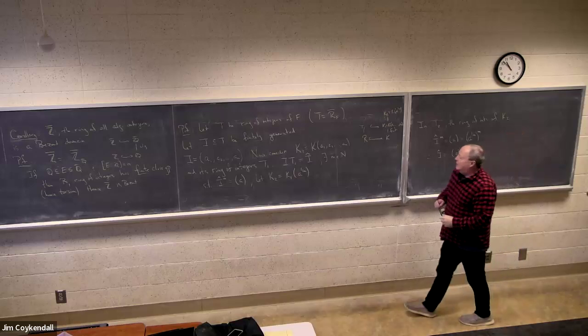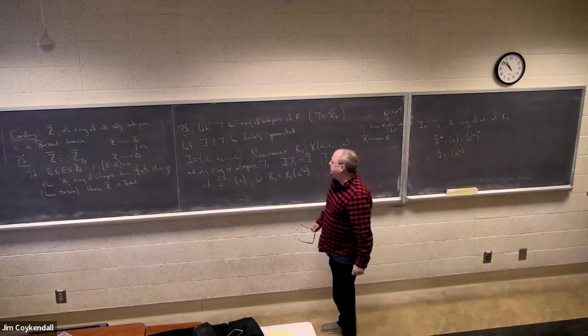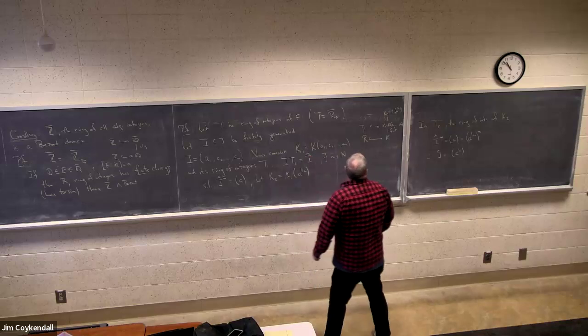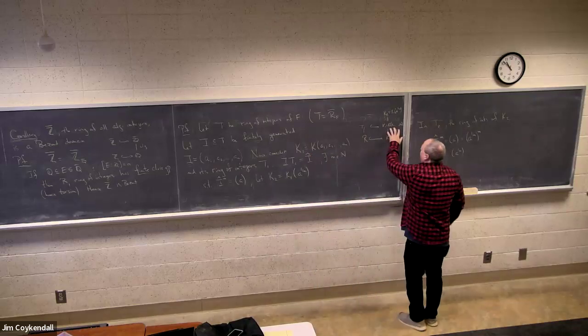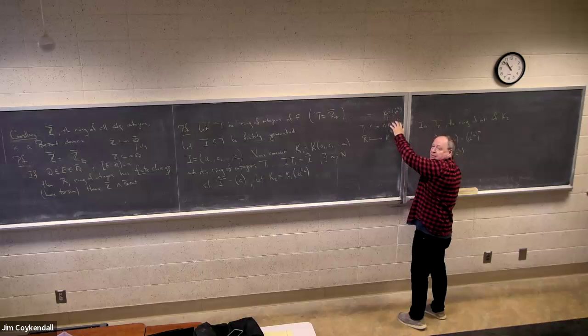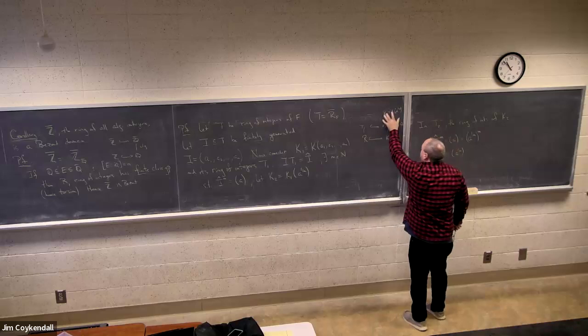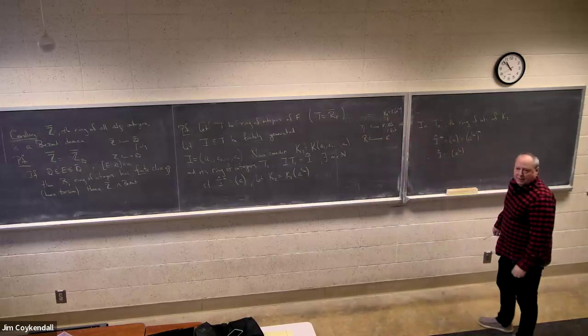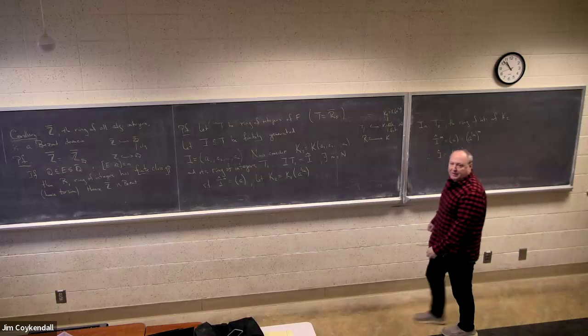So that means that this ideal that we had here at T first rears its head when you've got the generators for it, but then when you get up this far, it becomes principal. And once it's principal here, it's principal all the way up. And that's all you need right there.